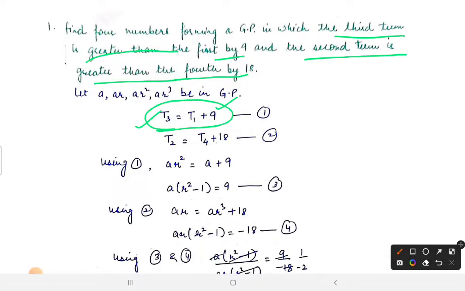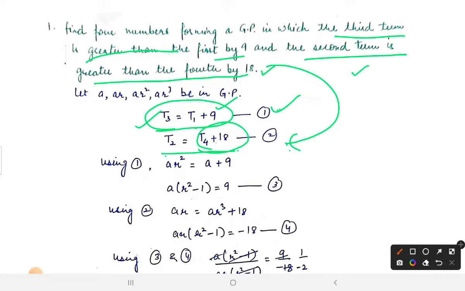Again, the second term is greater than the fourth by 18, so to make them equal we have to add 18 to the fourth term. So we have two equations now: T3 is equal to T1 plus 9, and T2 is equal to T4 plus 18, according to the given conditions.